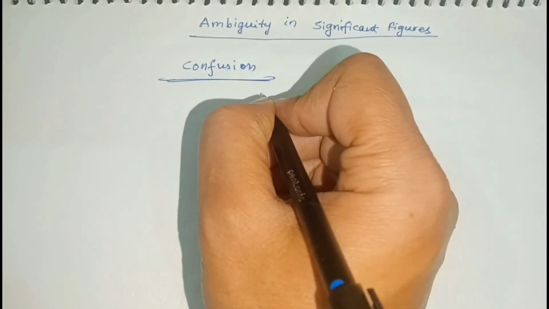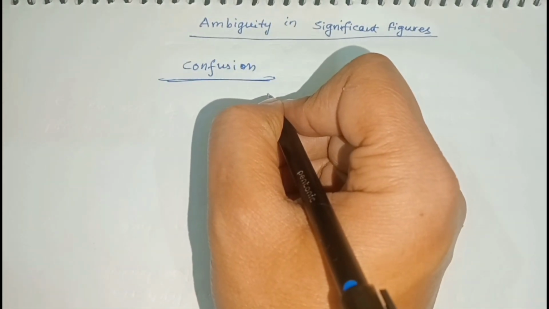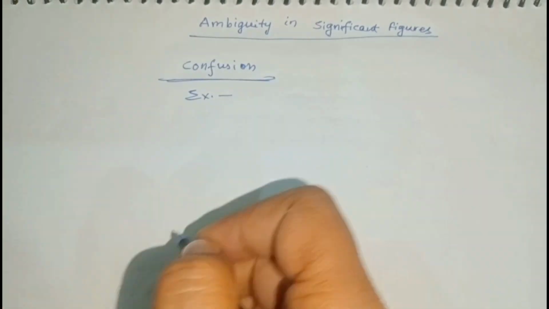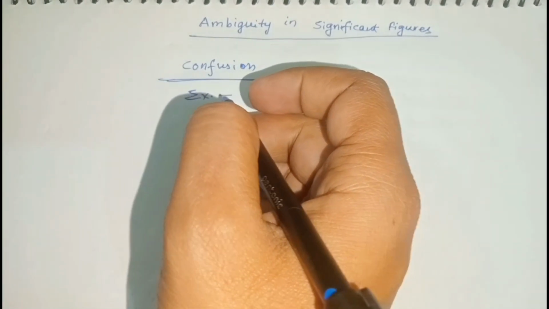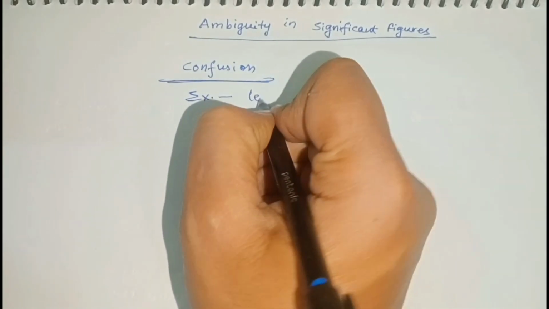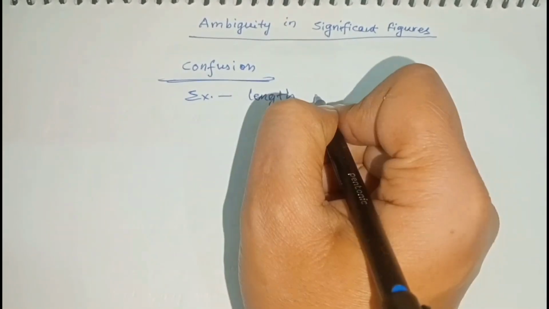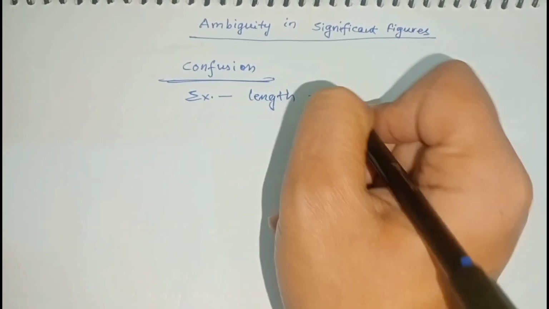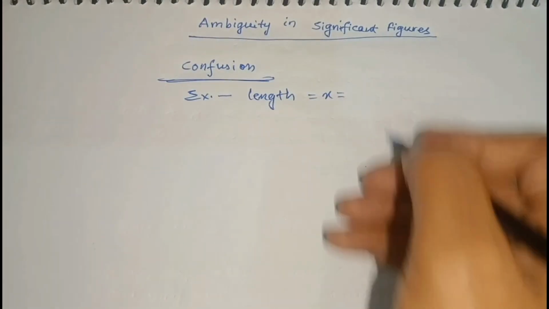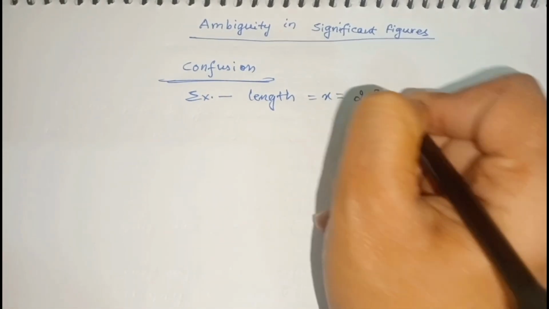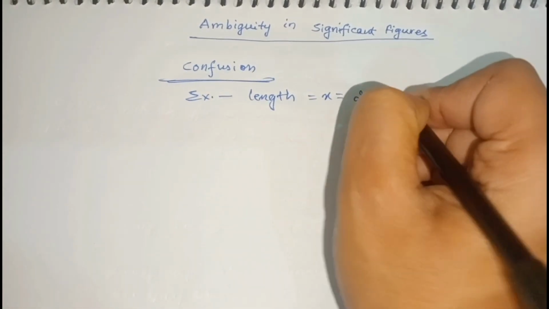Suppose a measured result, let us take one example, a measured length. Suppose that x equals 2.800 meters.